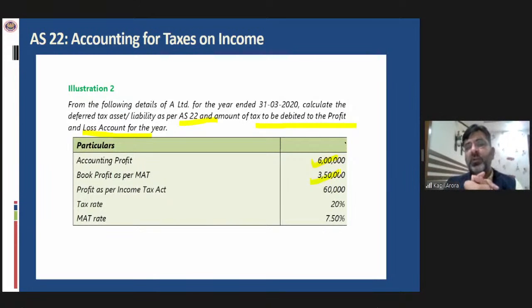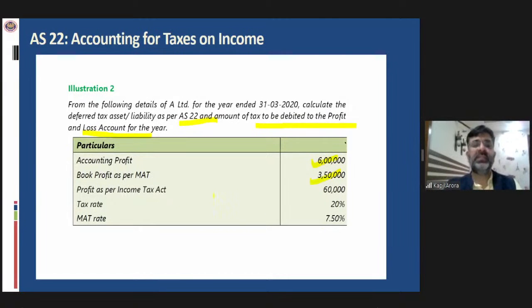So from the following details which we are talking about, MAT is nothing but the minimum alternate tax which every company has to pay when they try to take all the allowances which are allowed so that they can reduce the tax to 0. Now, if everybody reduces the tax to 0, from where is the government going to get the taxes?